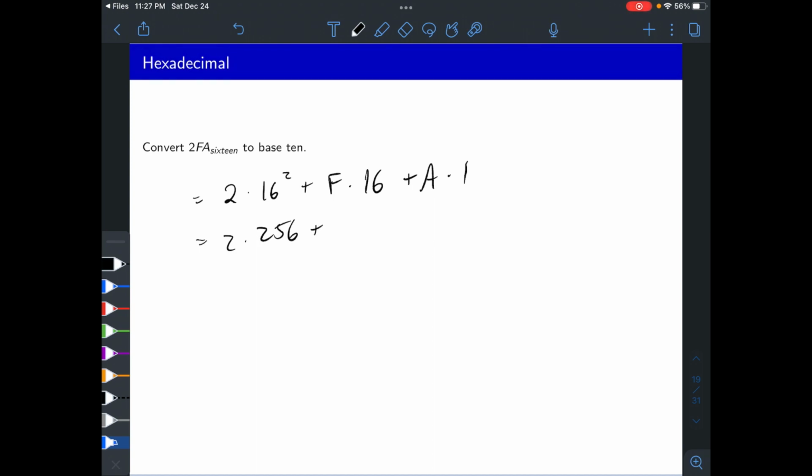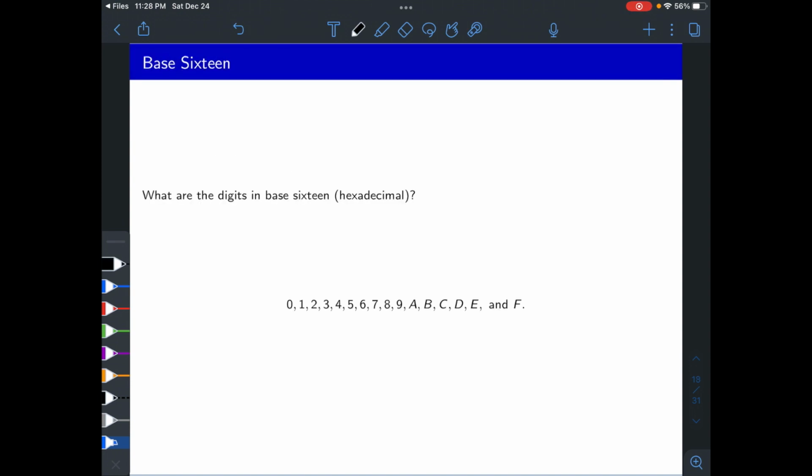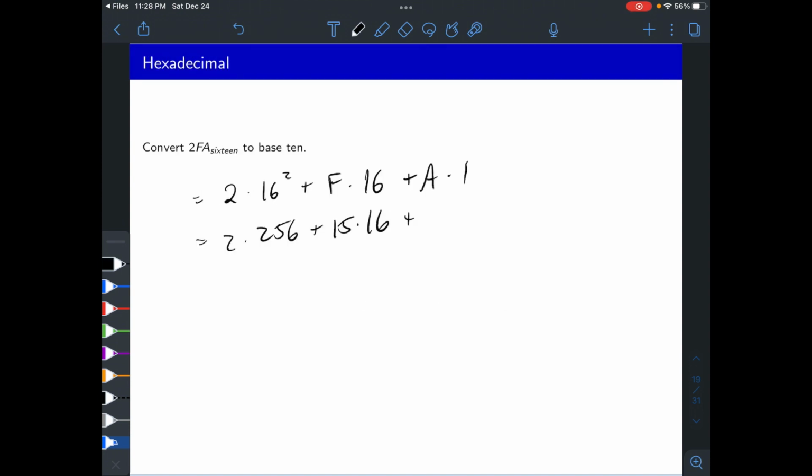If you need to go through it in your head, you can always just count: A is 10, B is 11, C is 12, D is 13, E is 14, F is 15. Okay, so this is 15 times 16. Did I do that right? Yeah, F is 15. Okay. And then A is just 10.